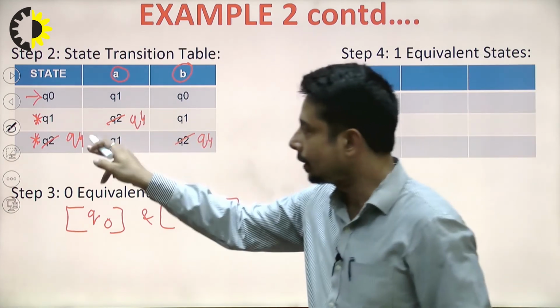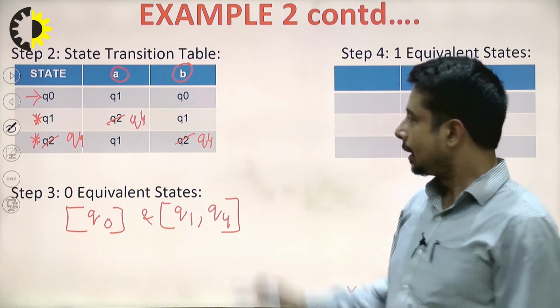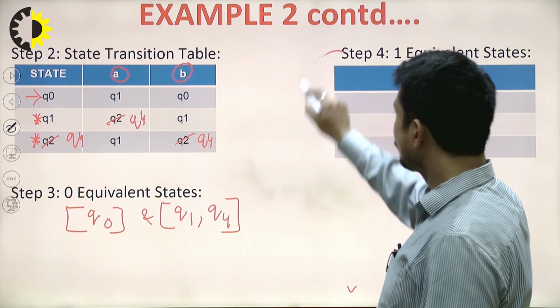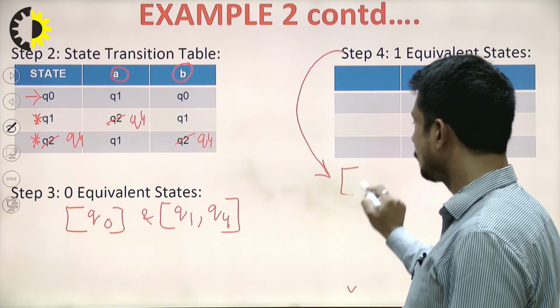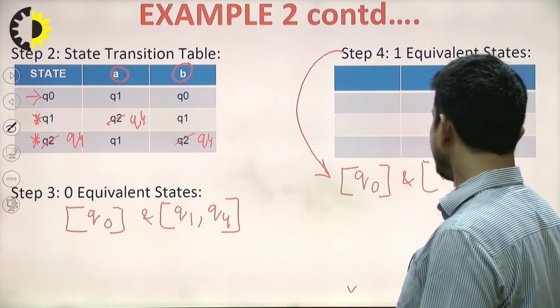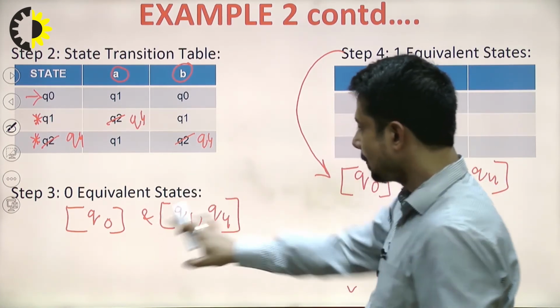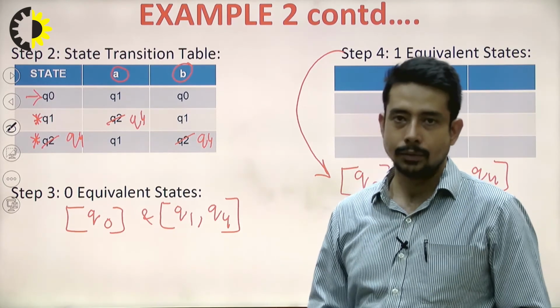Therefore Q1 and Q4 cannot be separated. They will always make a pair. Therefore in step number 4, what will be the groups? Again Q0 as a singleton group, and Q1 and Q4 will remain as it is. Therefore, as we got the same set of groups in both the steps, can we stop? Yes, we can stop.